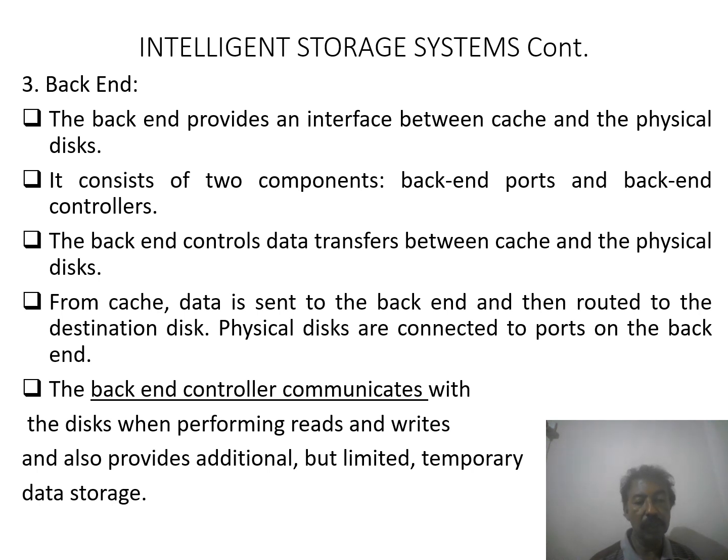From cache, the data is sent to the back end and then routed to the destination disk. The physical disks are connected to ports on the back end. The back end controller communicates with the disk when performing read and write, and also provides additional but limited temporary data storage.